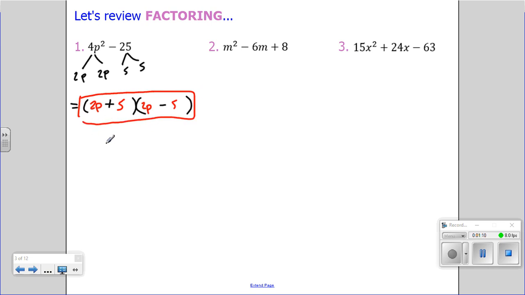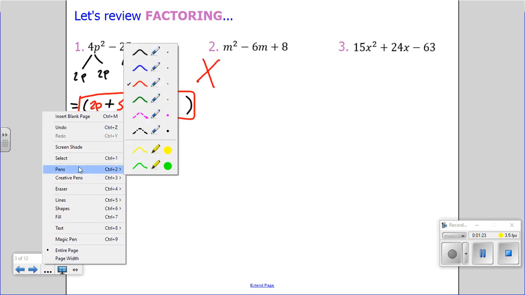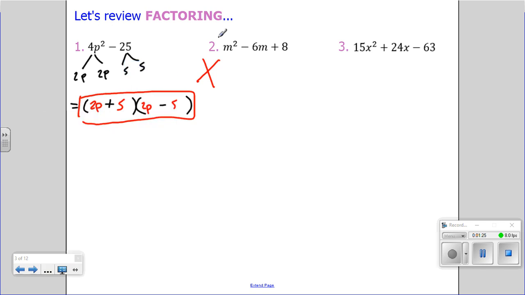On number 2, we have a trinomial because there's three terms. So for the trinomial, we use the x method, where we look for factors of c, in this case 8. That will give us a negative 6. So the factors I can think of are negative 2 and negative 4, because negative 2 times negative 4 is positive 8.